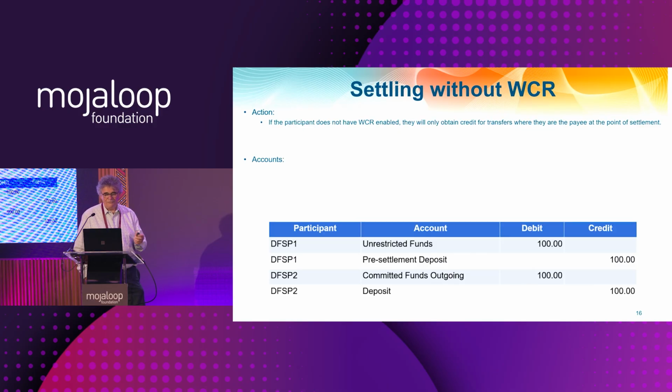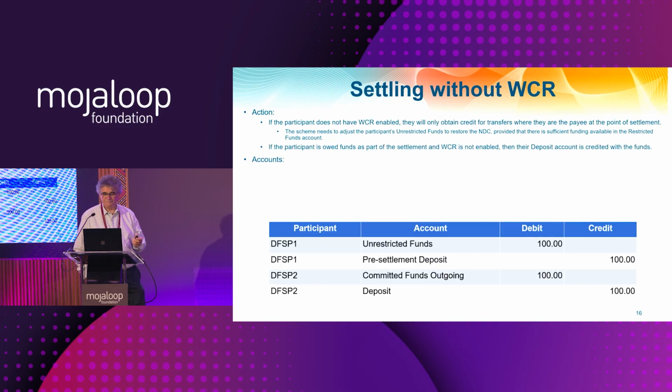Now, if the participant doesn't have working capital reduction enabled, they will only get credit at the point of settlement. So now we need to adjust the unrestricted funds account because we've given them some funds in the course of settlement. So the deposit account is credited with the funds, and the committed funds outgoing account is debited.